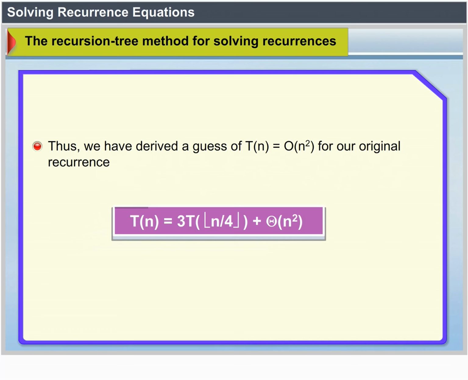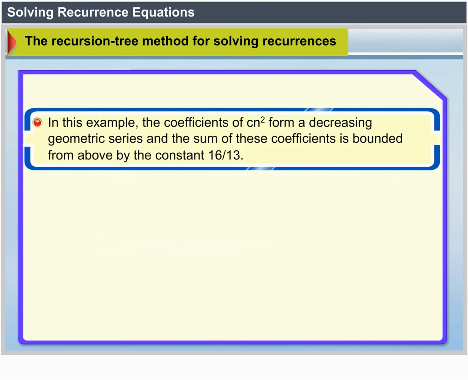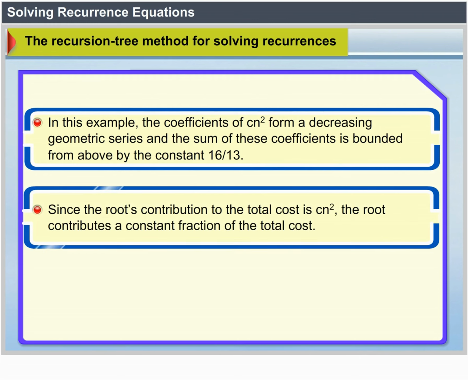In this example, the coefficients of cn² form a decreasing geometric series, and the sum of these coefficients is bounded from above by the constant 16/13. Since the root's contribution to the total cost is cn², the root contributes a constant fraction of the total cost.